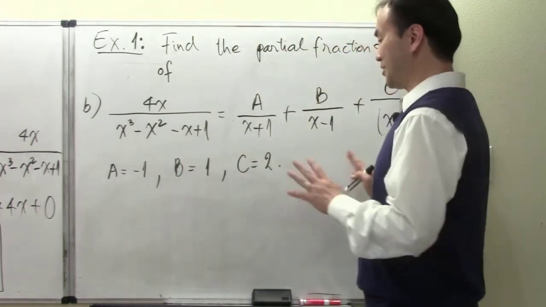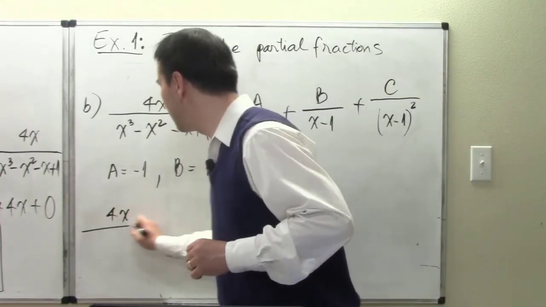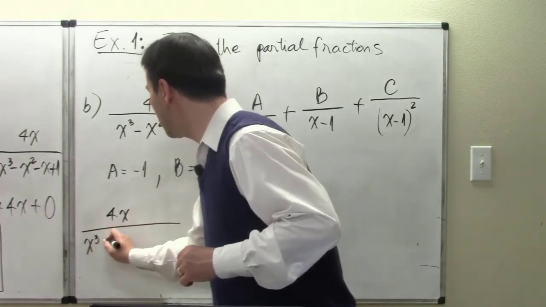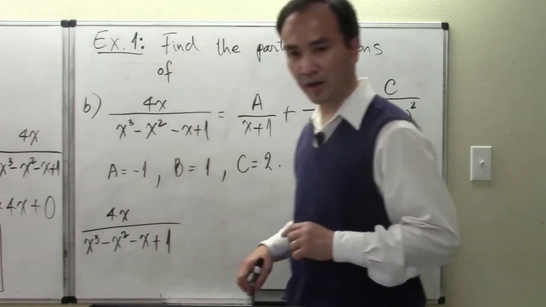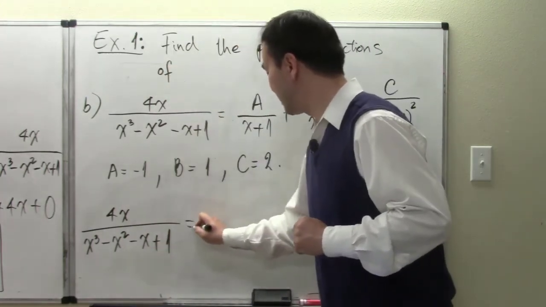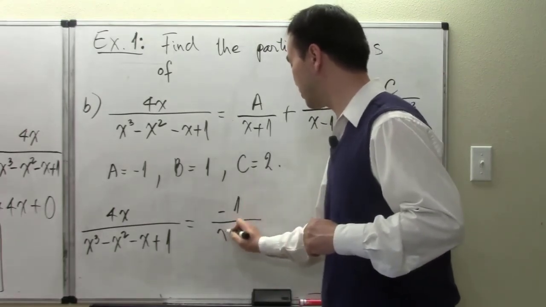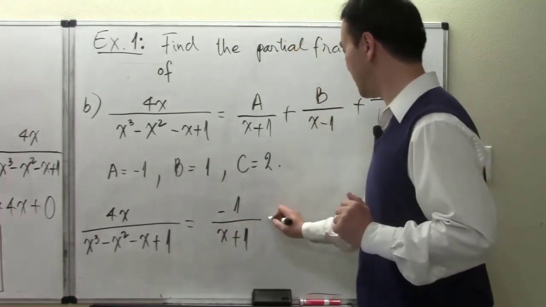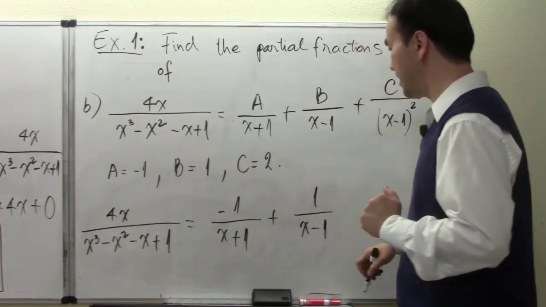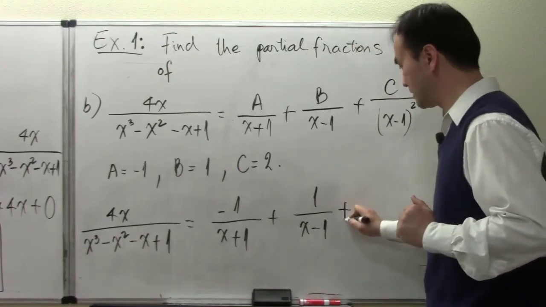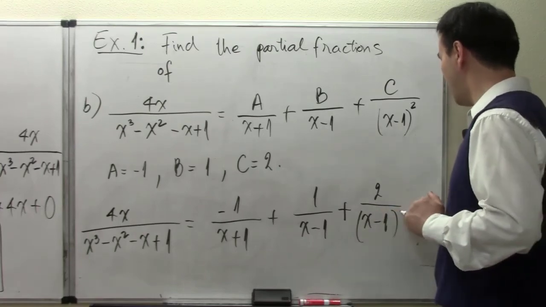All right, so now putting it all together: 4x over x cubed minus x squared minus x plus 1 equals, A is now -1, so -1 over x plus 1, plus 1 for B over x minus 1, and we need a third term right here, plus 2 over x minus 1 all squared.